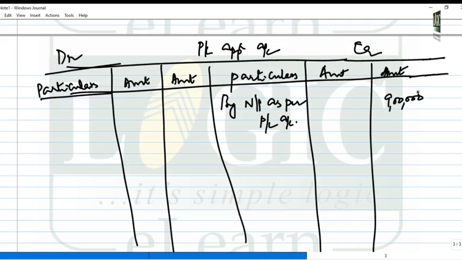Then, what all things happen? The new profit sharing ratio between Vivek and Vikas will remain the same, but they decided to bear the deficiency. They admitted Vandana as a new partner with a guaranteed profit of 1,50,000. So, how will you calculate? Okay, this 9 lakh.